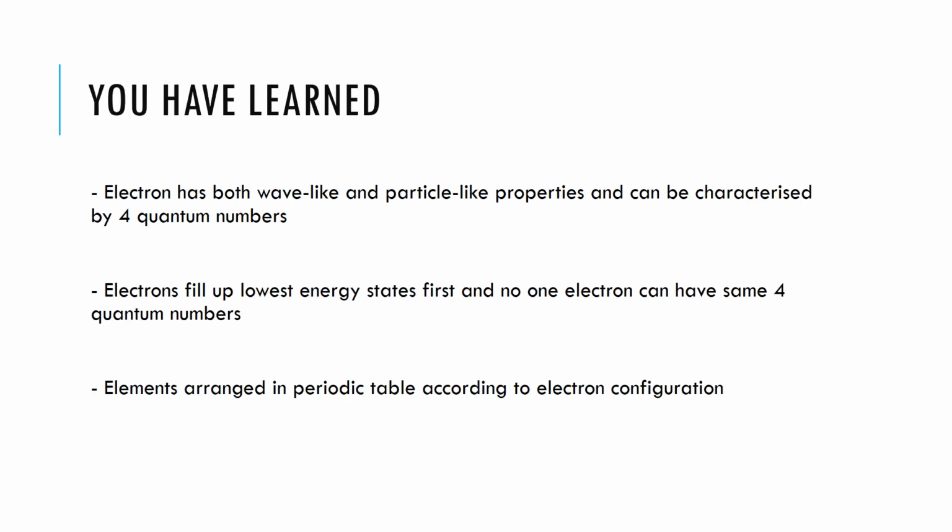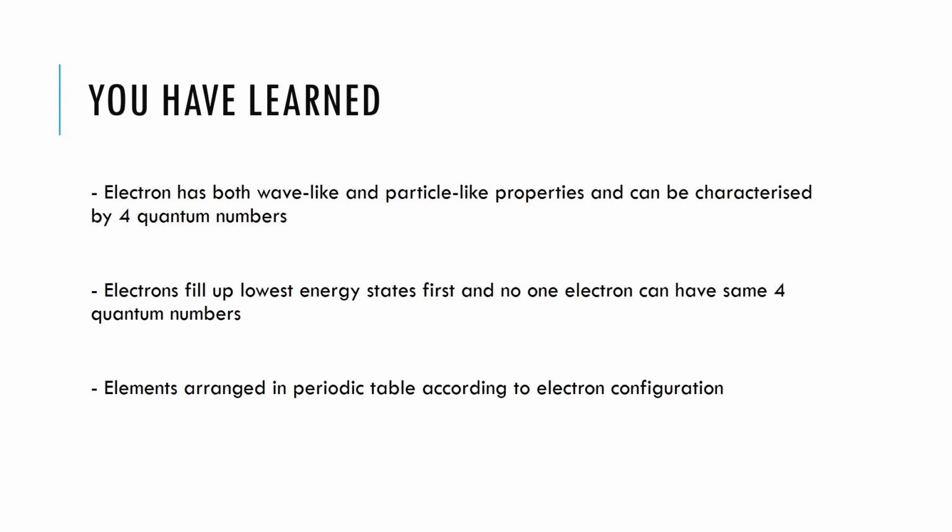Okay, so I will stop there. I'll go over some of the key points of this lecture. We've learned that the electron has both wave-like and particle-like properties and can be characterized by 4 quantum numbers. And the electrons fill up from the lowest energy state first, and no one electron can have the same 4 quantum numbers.